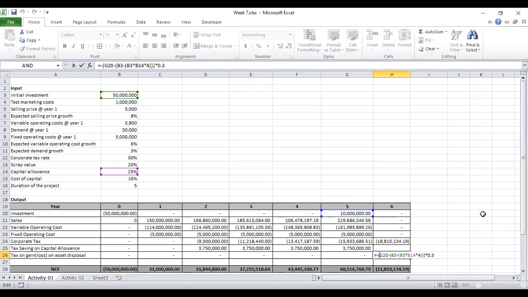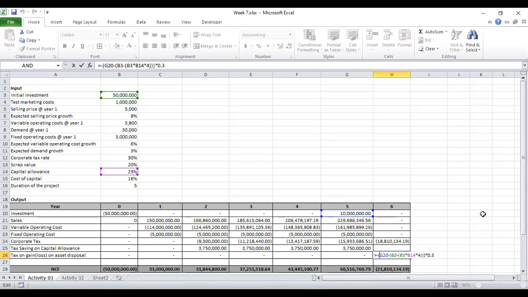You have done the tax depreciation on an annual basis at 25%, and you have considered that for 4 years. Then at the end of the 4th year, this particular asset is fully depreciated. So the carrying amount is going to be 0.